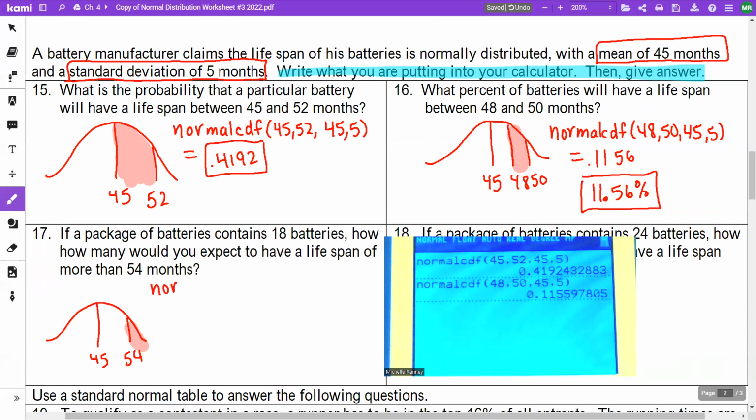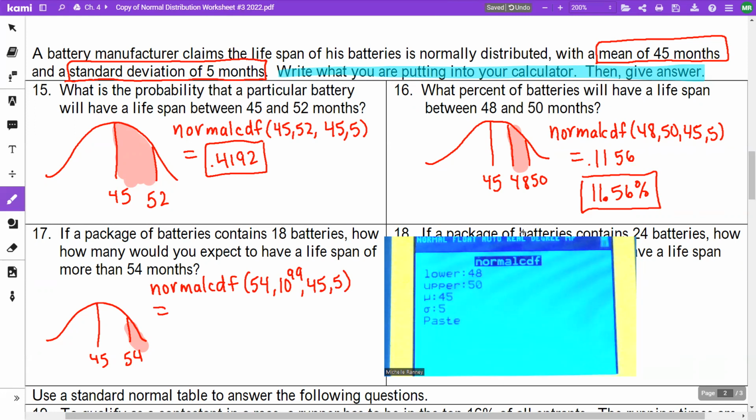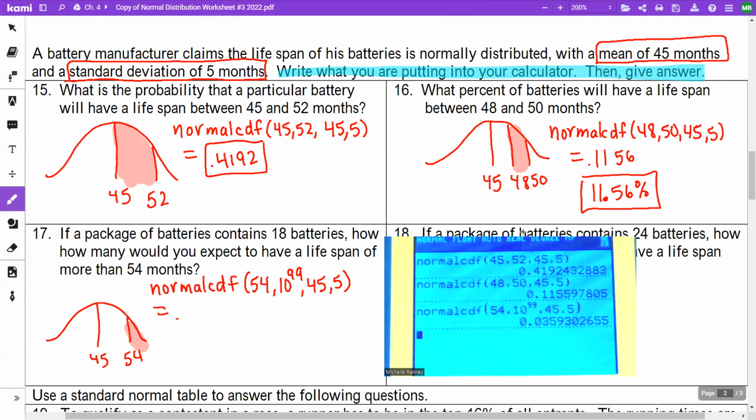So I'm going to do normal CDF. 54, 10 to the 99, mean is 45, standard deviation is 5, and that's going to give me a probability or a percent, okay? So 54, 10 to the 99, 45, 5.